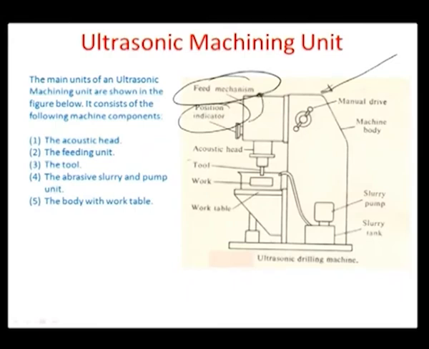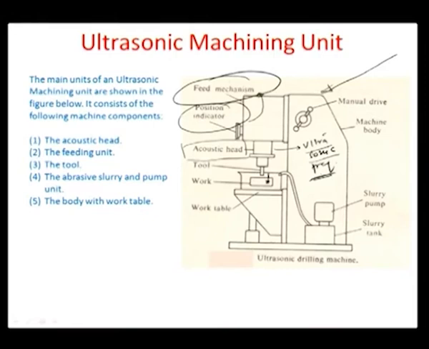And there is an acoustic head which is responsible for creating the ultrasonic frequency, okay. So this feed mechanism is just feeding the tool, and the acoustic head is basically the one which creates a frequency, okay.